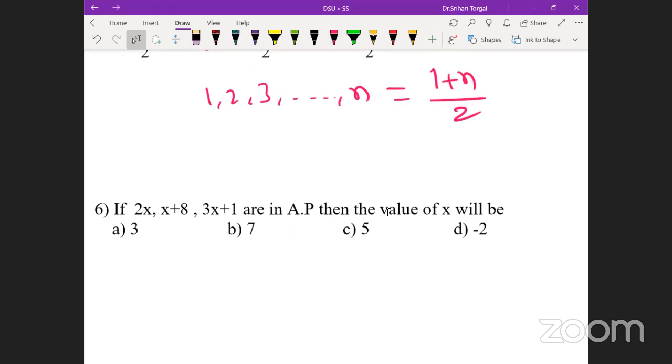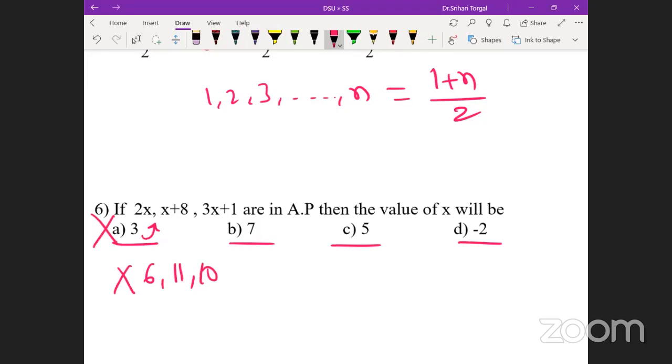Question number 6. If 2x, x plus 8 and 3x plus 1 are in AP, then the value of x will be. Tell me the value of x. You need not think of the x value because they have given it in the options. Just substitute and check whether that will give you an AP or not. If I put x equal to 3, you will get 6, 3 plus 8 is 11, and 3 plus 3 plus 1, which is 10, which is not possible.